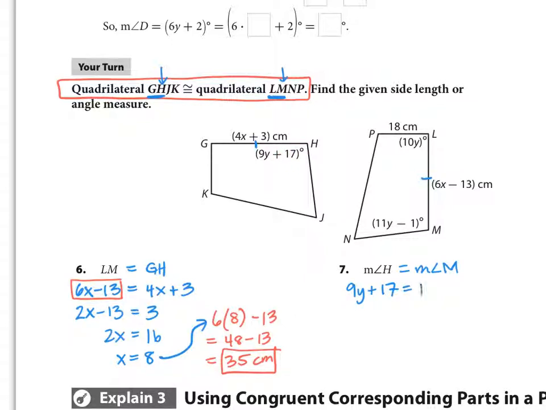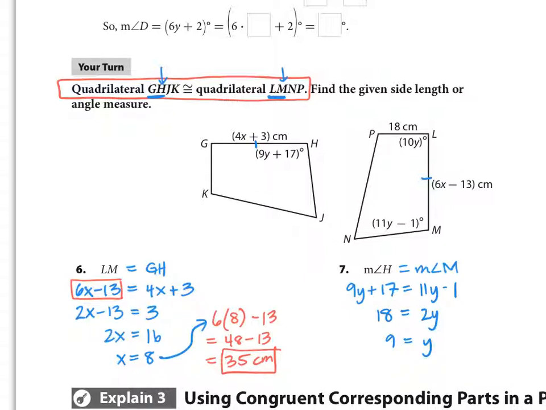Measure of angle M is given by 11y minus 1. And just like number 6, we have our equation. We just go through and solve it. If I subtract 9y on both sides, I get 2y. And add 1 to both sides, I get 18. I did 2 steps at the same time there. Divide by 2, and we get y is 9.